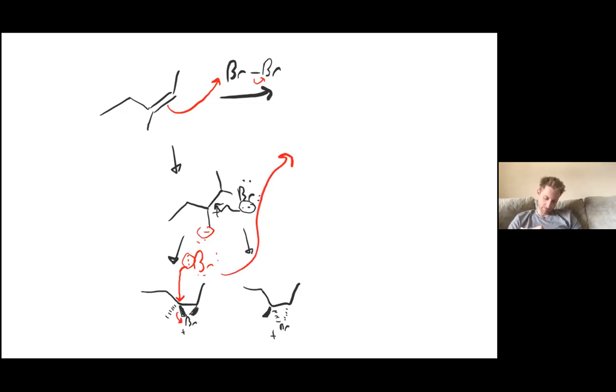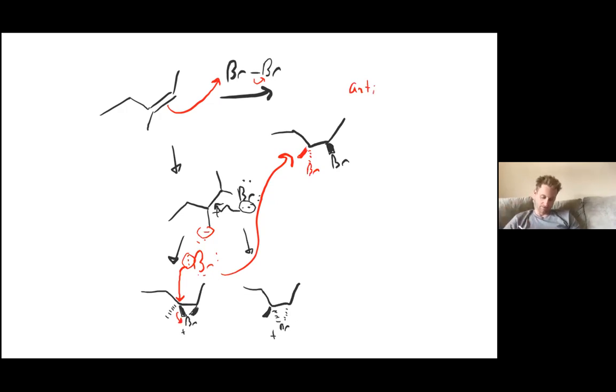The Br on the right here is going to retain its stereochemistry. The one that came in is going to end up getting flipped. And we're going to end up with an anti-configuration where our two Brs are going opposite directions.